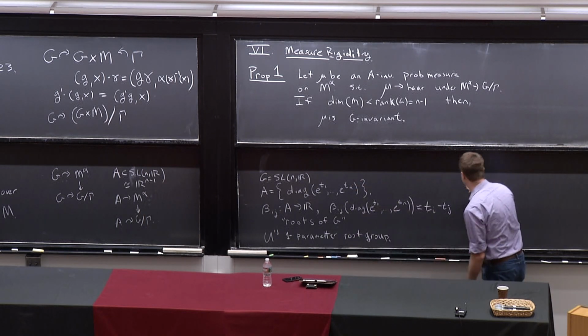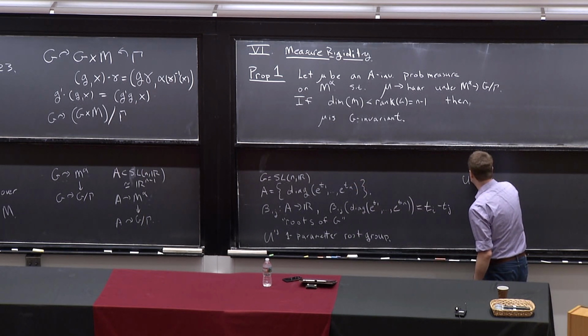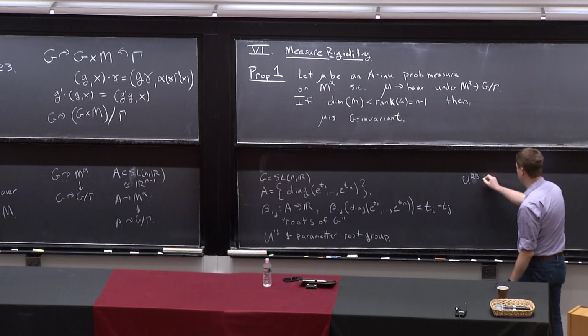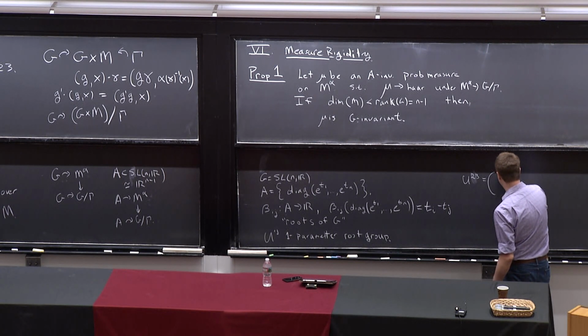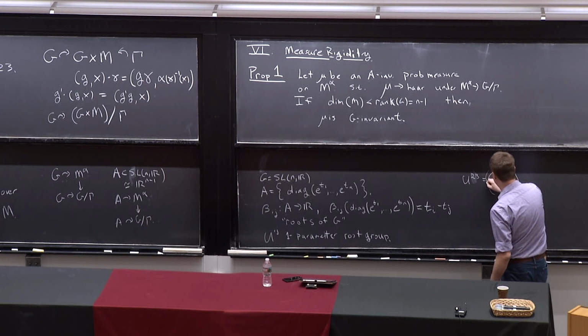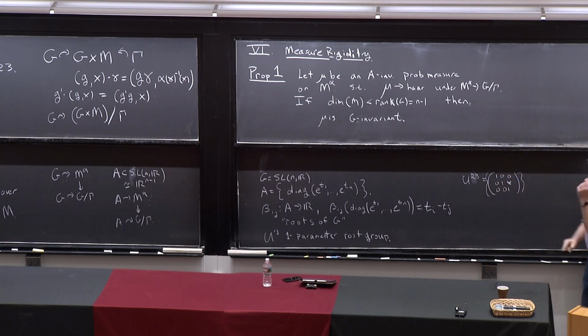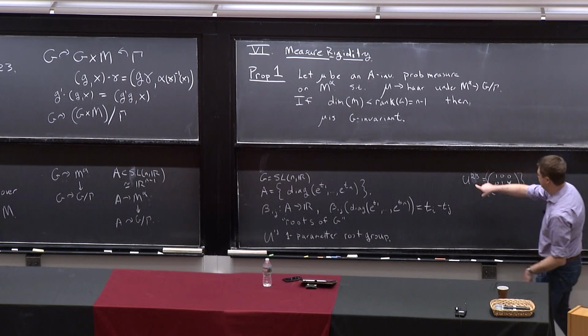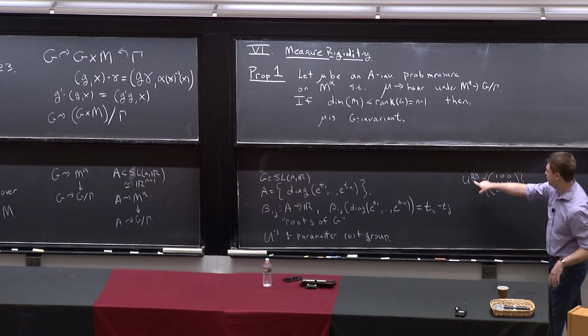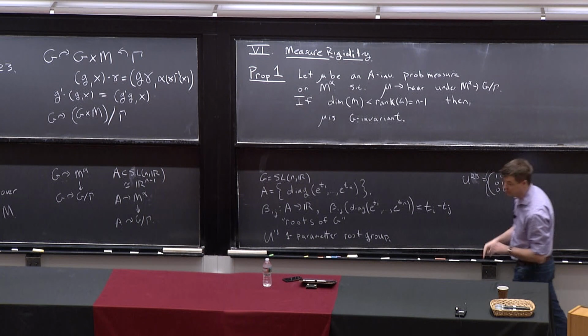And so rather than telling you a definition, let me just write down an example. So maybe U23 inside of SL3R. It's the matrices of the form where you're the identity, and you're 0 everywhere except in the corresponding entry here. So it's a one-parameter unipotent group of this form.